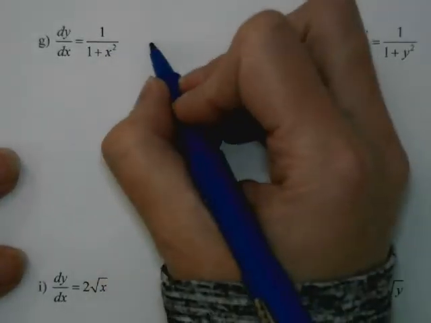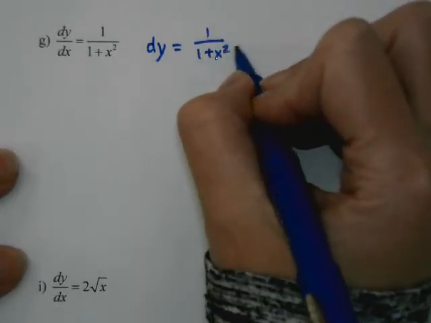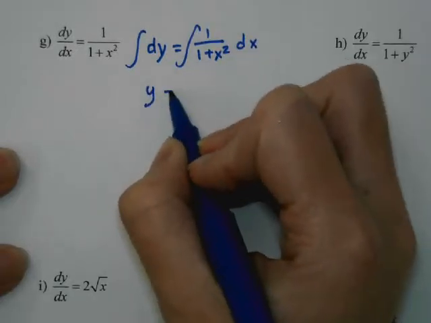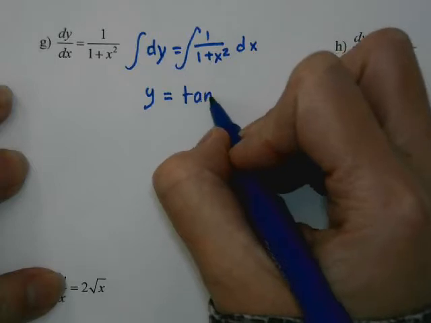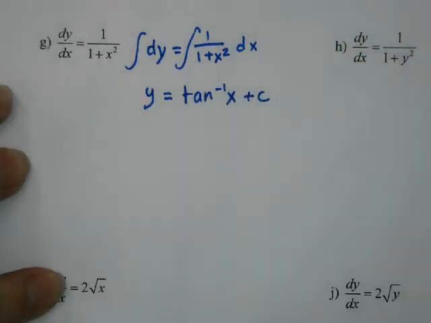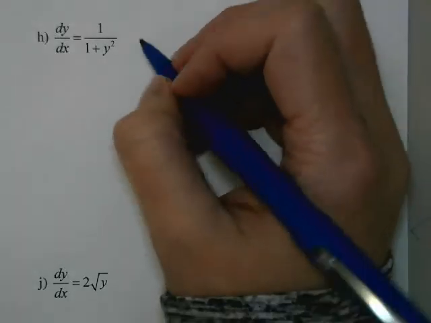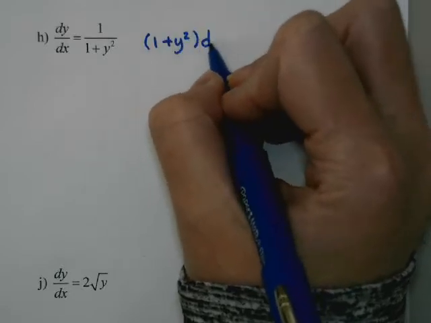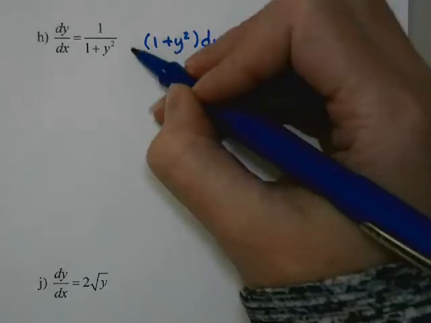Okay, so this one's going to be dy equals 1 over 1 plus x squared dx. So y is equal, the integral of 1 over 1 plus x squared is tangent inverse. Okay, here, we're going to end up with 1 plus y squared dy equals dx.